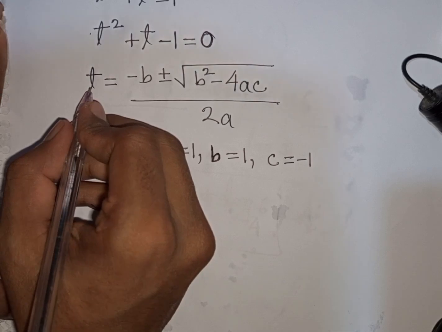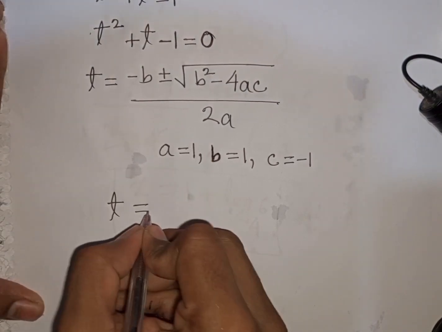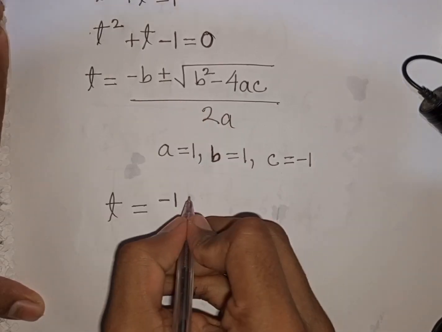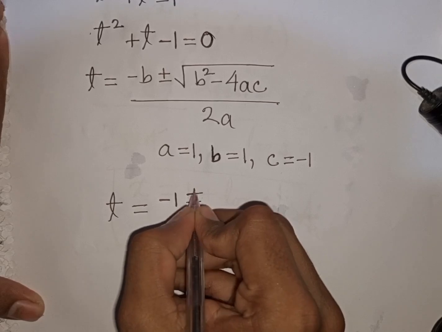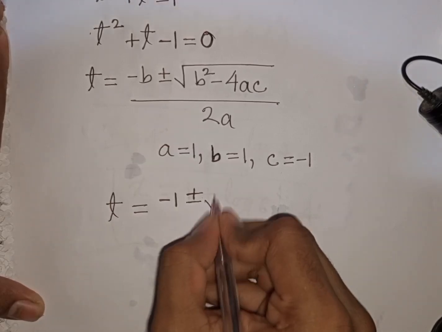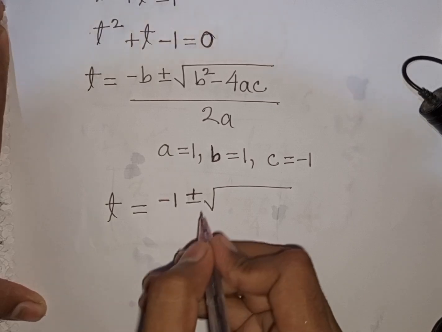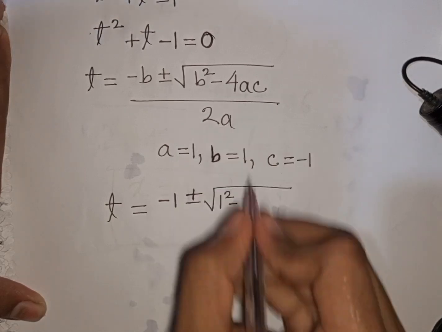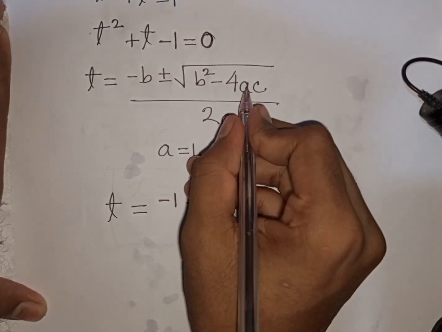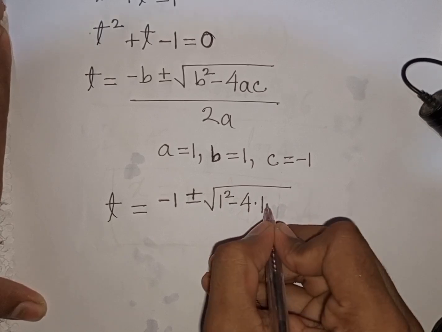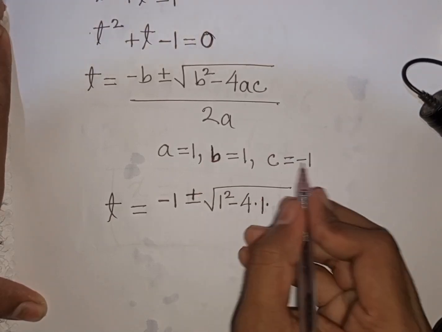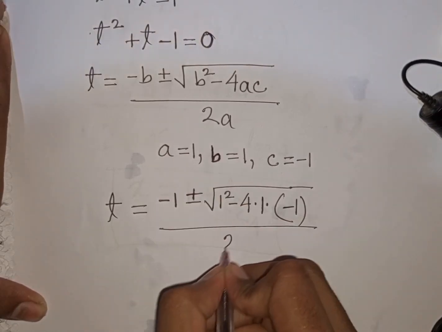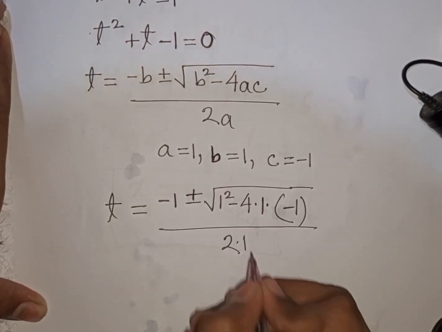Now, t will be equal to minus b, that means minus 1, then plus or minus a square root of b square, that means 1 square, minus 4 times a, that means 1, times c, that means negative 1, divided by 2 times a, that means 1.